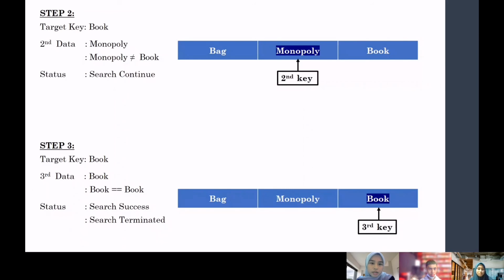Step 2, target key is book. Second data, monopoly. Monopoly does not equal book. Status, search continue. Step 3, target key is book. Third data, book. Book equals book. So the status is success and search terminated.